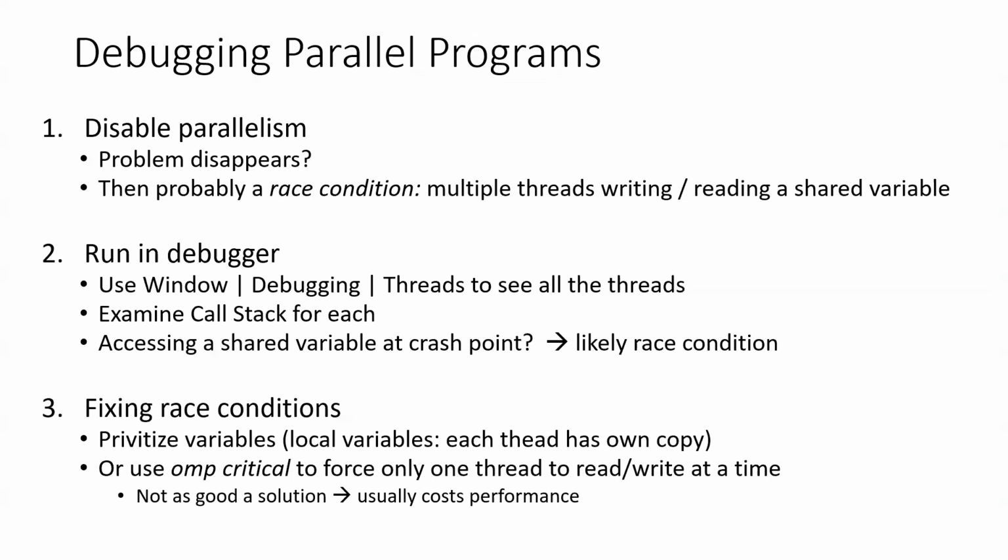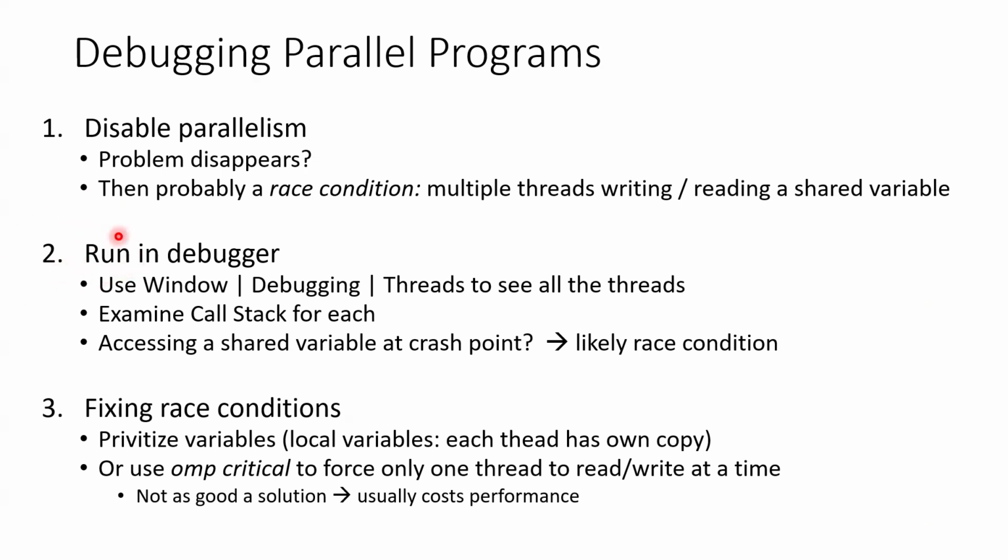So in summary, debugging parallel programs, the first step is to disable parallelism and see if the problem disappears. If it disappears, then there probably is a race condition. So multiple threads are trying to write or read a shared variable or doing something weird.